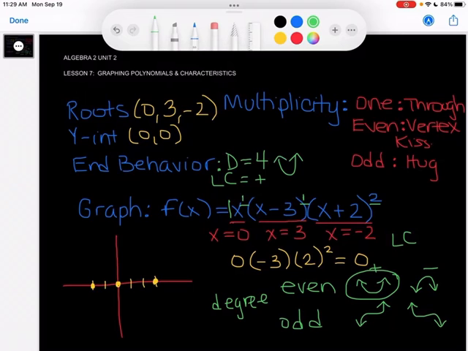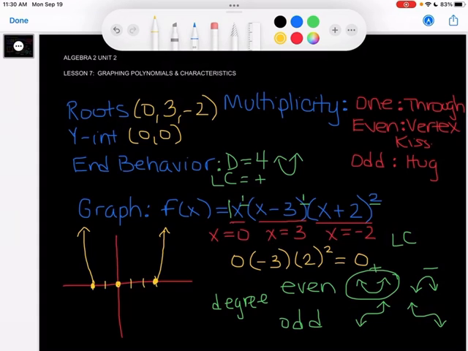So I know the root that's furthest to the left, in this case negative 2, has to go up from there. And same thing on the one all the way to the right. I also know it's going to go straight through at 0 and straight through at 3 because those are multiplicities of 1.